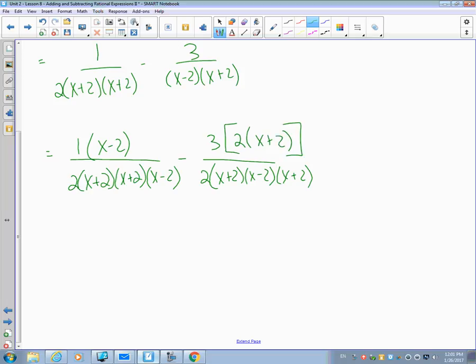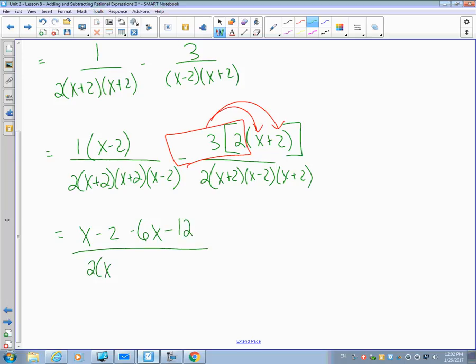Okay, I want to simplify it. So I'm going to expand my top. And over here, I'm going to think of this as a negative 6, okay? That's what we're going to multiply in. So I'll get minus 6x minus 12 all over 2, x plus 2, x plus 2, x minus 2.